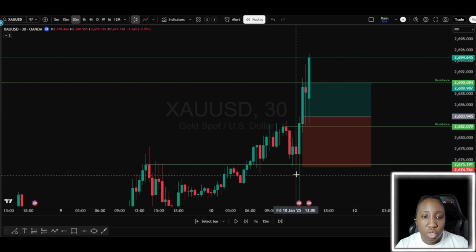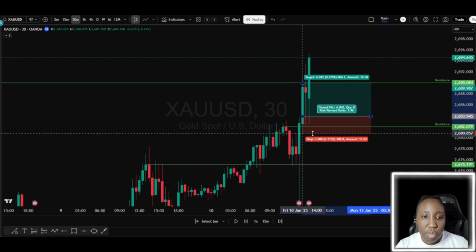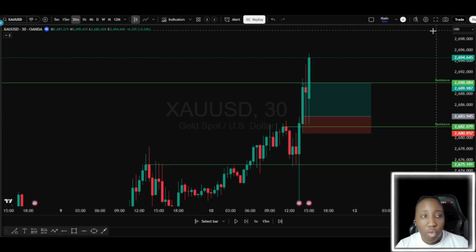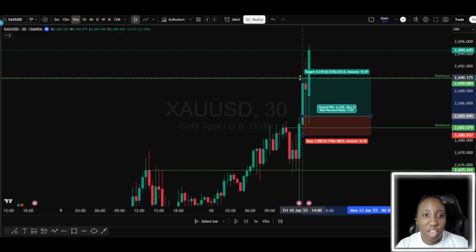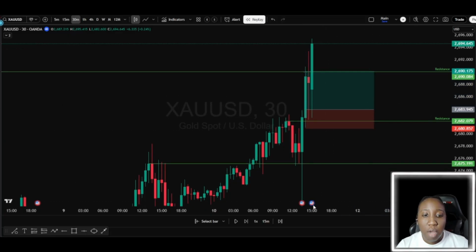Wait, how big is the stop loss? Maybe entry. What do you think? What do you guys think? Decent NFP, post NFP entry. My only thing is there's news not long after.